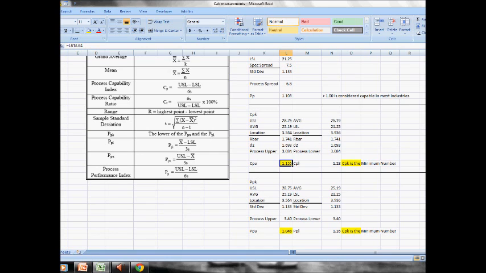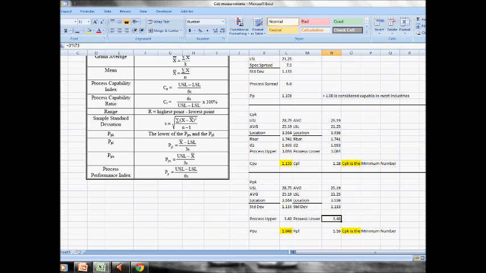PPK is the exact same thing, calculated the exact same way, except you're not estimating the standard deviation, you're actually using the standard deviation. So you can see here I have standard deviation instead of R bar over D2, but I still take it times 3.